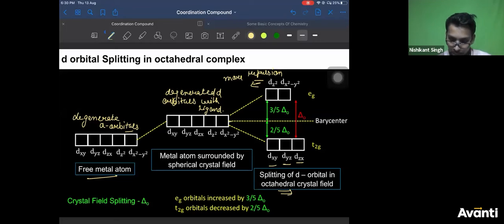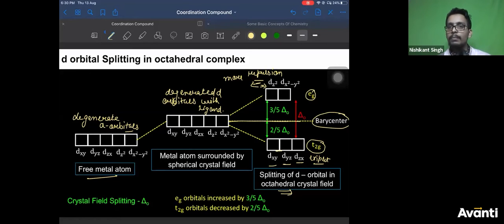So this level of energy is known as barycenter. These 3 orbitals are given the name T2g set of orbitals. T stands for triplet here, triplet means 3. Eg is the notation given to these 2 orbitals.